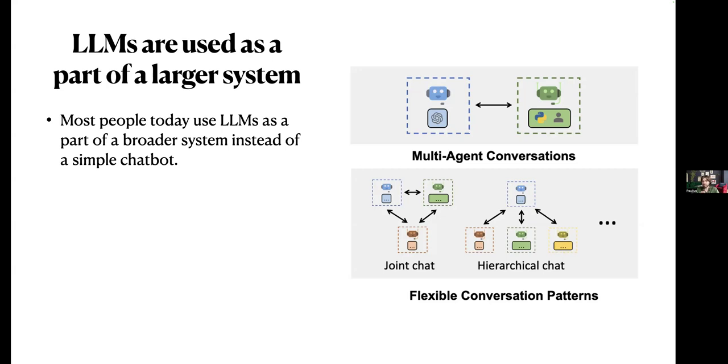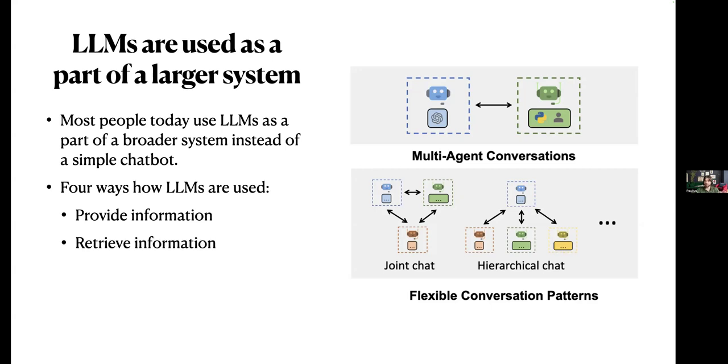There are many ways you can categorize this, but primarily within these larger systems, large language models are used in 4 main ways. They provide information: you ask and you get an answer. They retrieve information, which means they don't know the answer, but they can go to a specific PDF, go to a calculator, or search the web and get the answer.